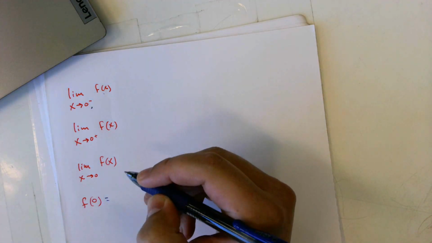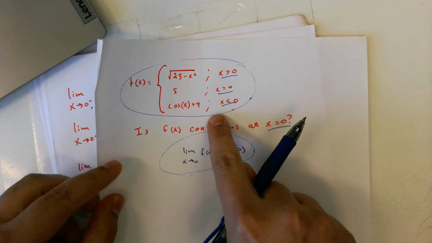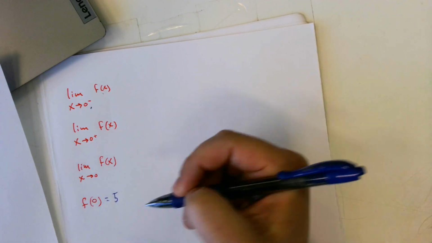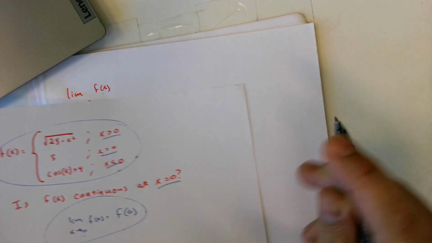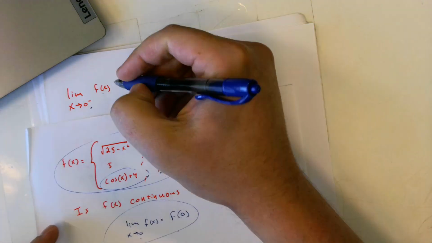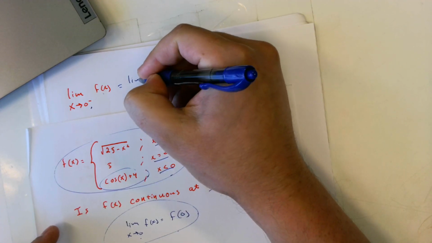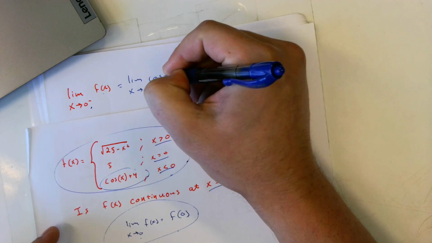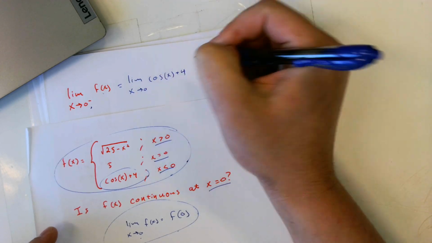Let me bring this back. When x is 0, f of x is 5. Boom. The limit as x approaches 0 from the left, I need to use this leftmost part of the function. So this equals the limit as x approaches 0 of cosine of x plus 4.